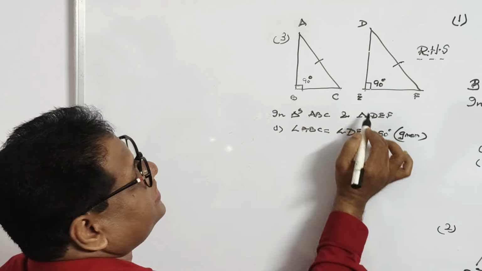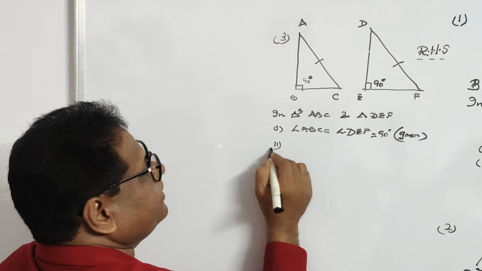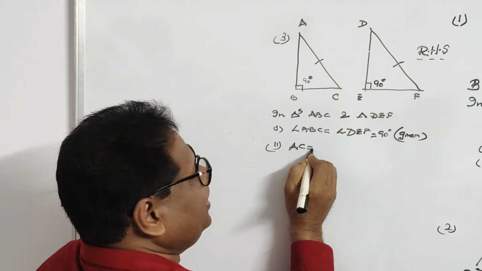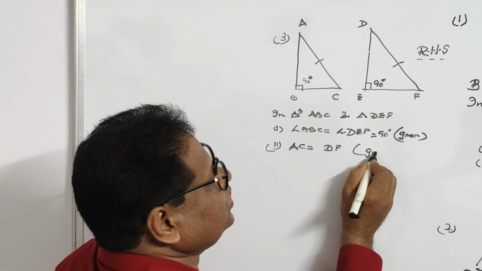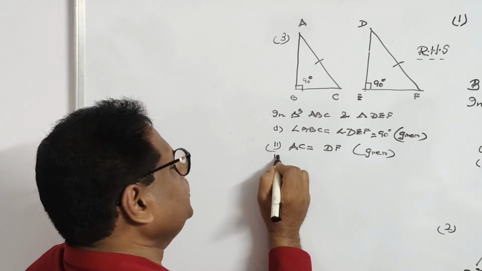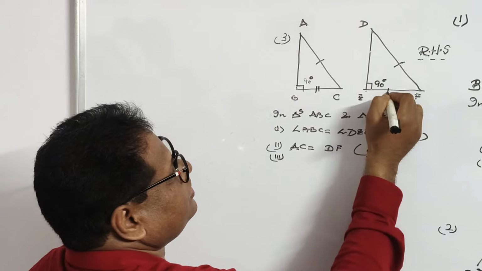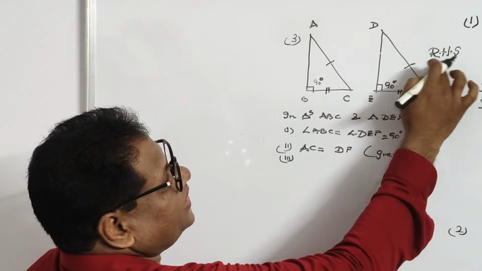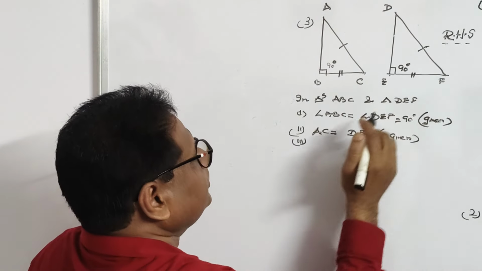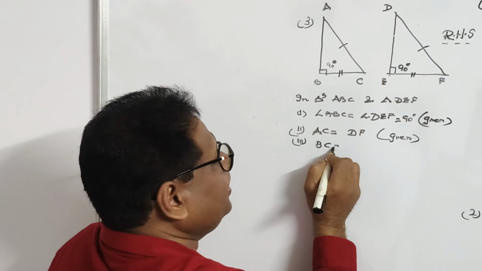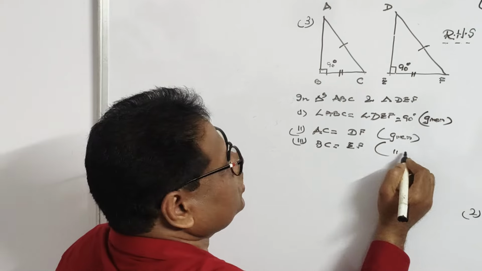Similarly, angle DEF means the angle is at E, here. Now, second, AC equals DF. This is also given. Third, one more side is given to you, BC is equal to EF. So that's how the condition is completed: right angle, hypotenuse, one side. So the side BC is equal to EF. This is also given.